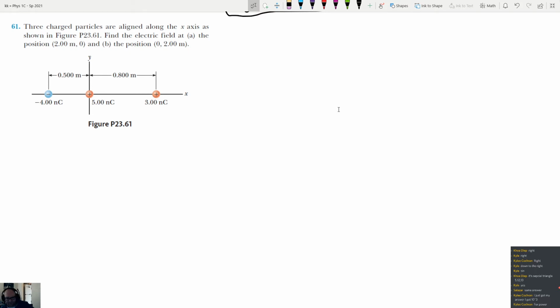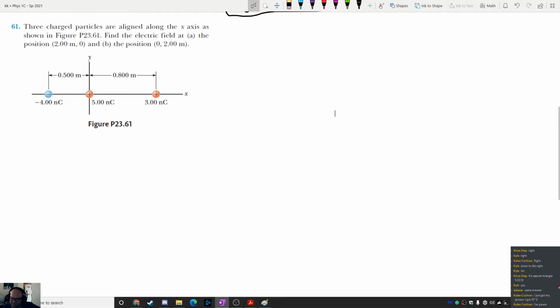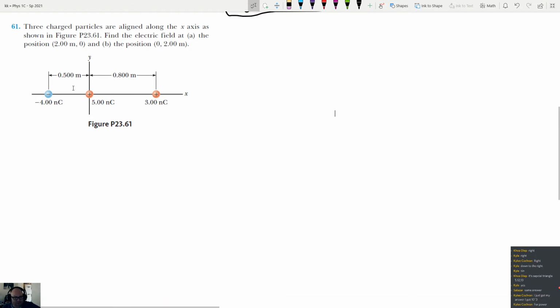I'd like you all to take 5 minutes and try to solve this. I'll probably have to draw some things while you're doing that. The first part's kind of trivial, so I'd prefer that you focus on the second part, but if you need to, you should still do the first part.